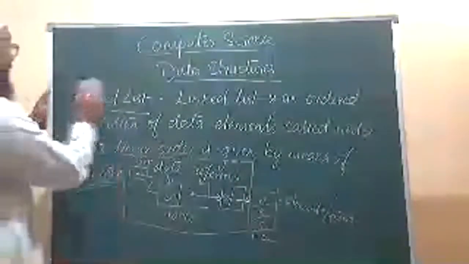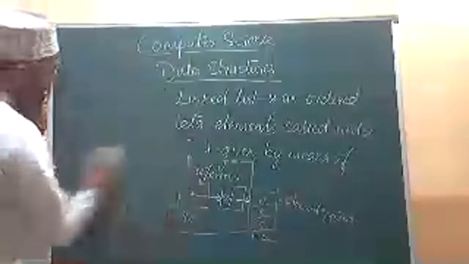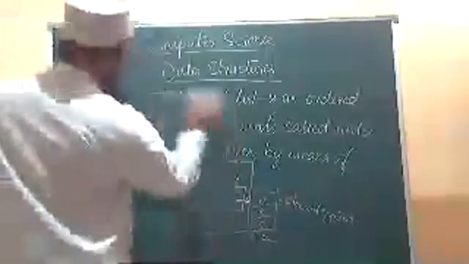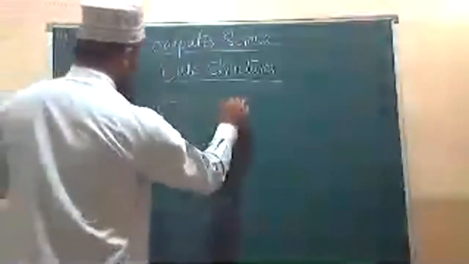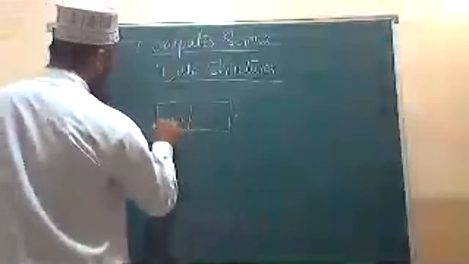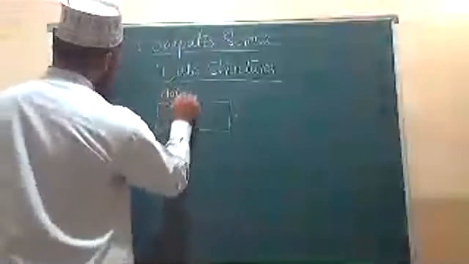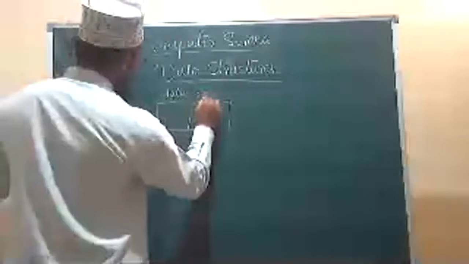By giving one more example, I will try to explain the linked list clearly. See, this is a node. It contains two parts: the first part is the data part, and the next part is the reference part.